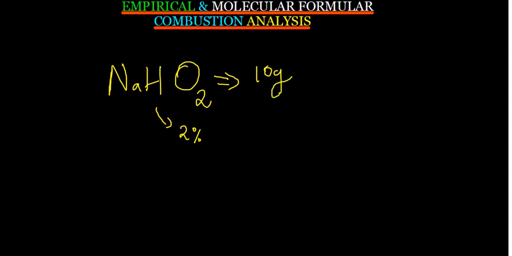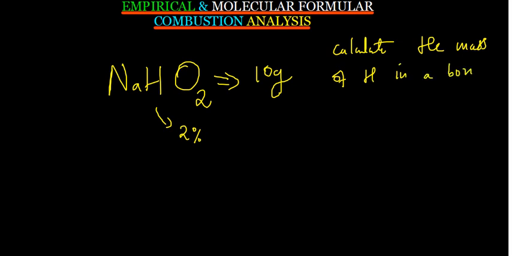So the question comes to say, calculate the mass of hydrogen in the bone. So what we have is that in a human body, a bone contains 10 grams of this compound that you're able to see.